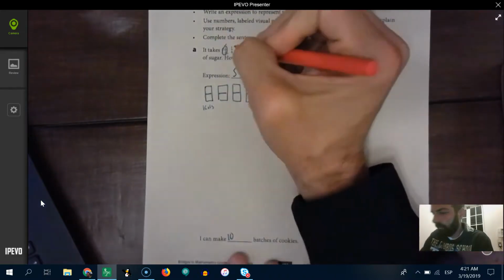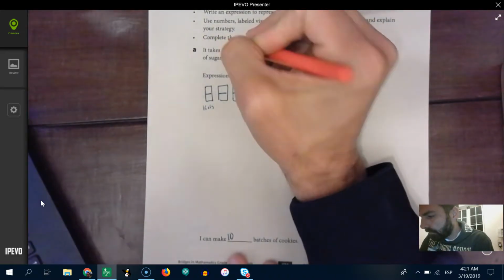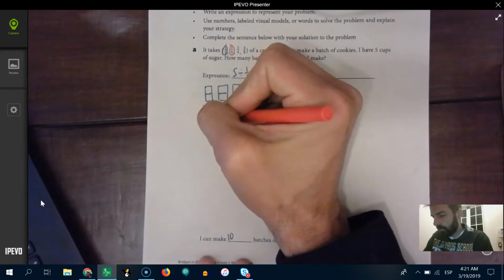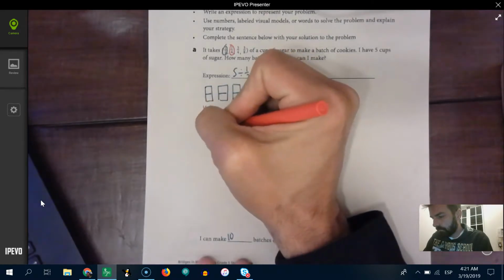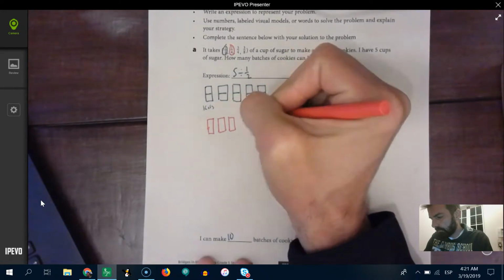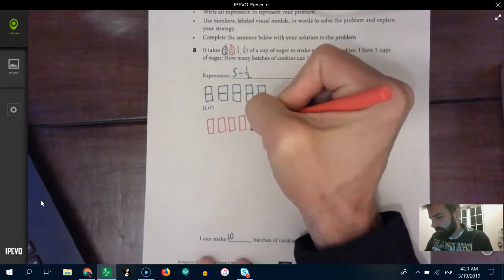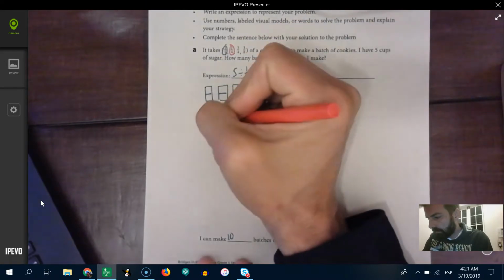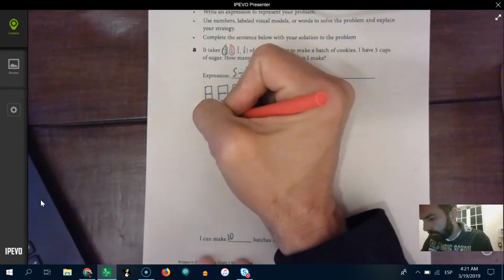Let's see, for 1/4. We can do the same sort of strategy. Here's my cups. I have 5. I'm splitting them into 4ths.